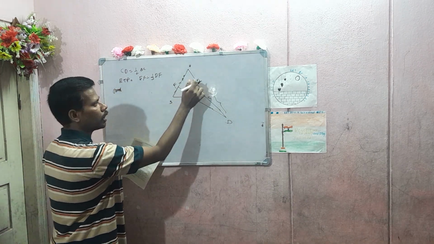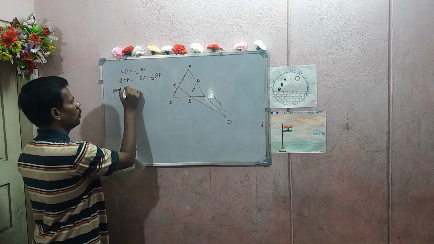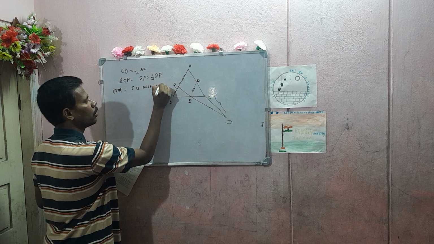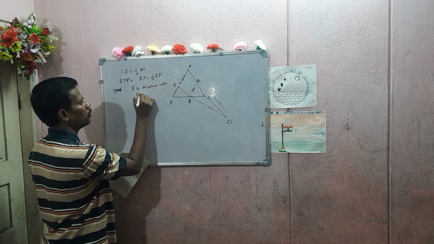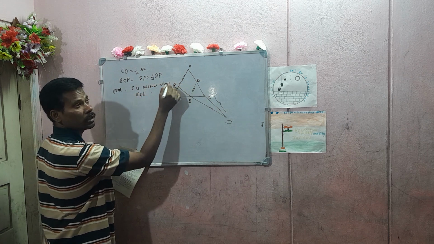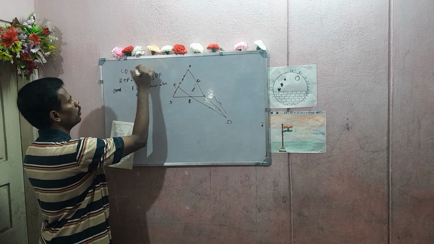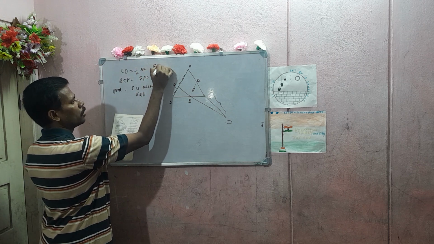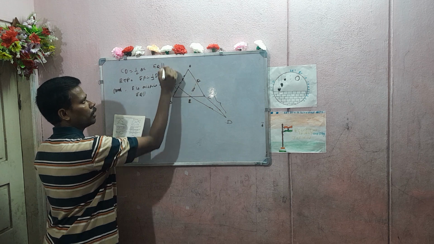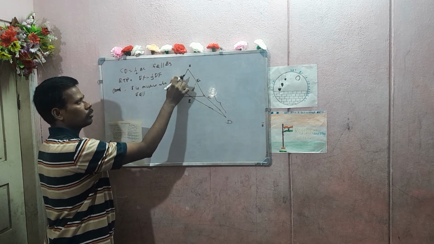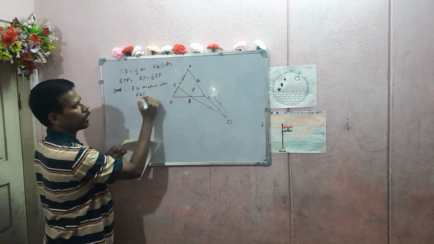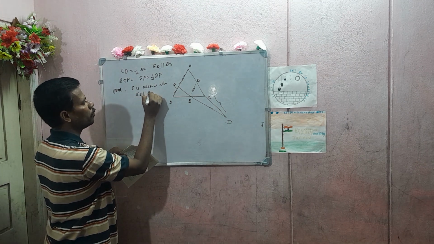E is the midpoint. Also EQ is parallel to AB, given. This EQ is parallel to AB and also E is the midpoint of BC.